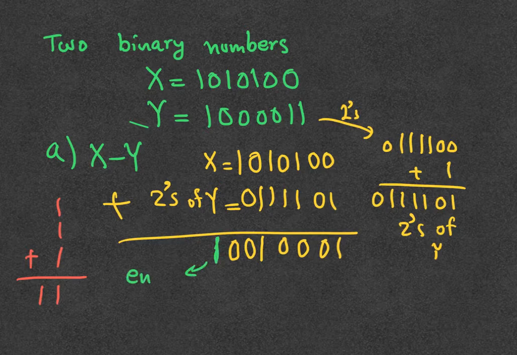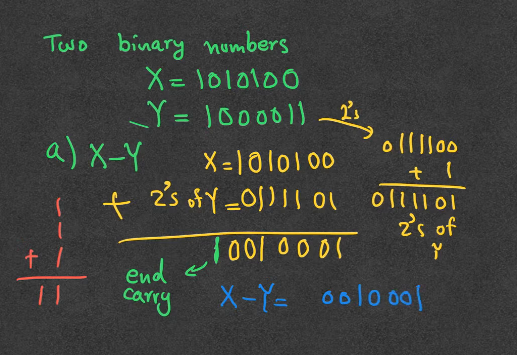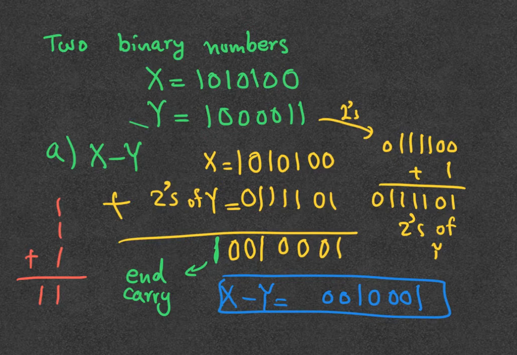This is the end carry. You just discard the end carry and you get the answer for x minus y. So that's for part A, which we wanted to compute x minus y.